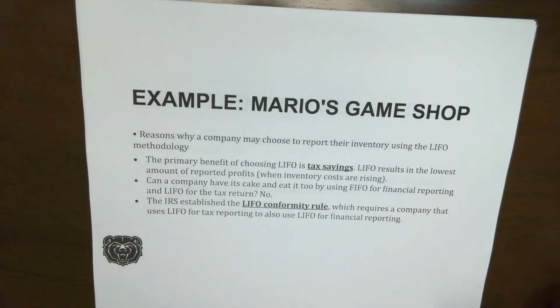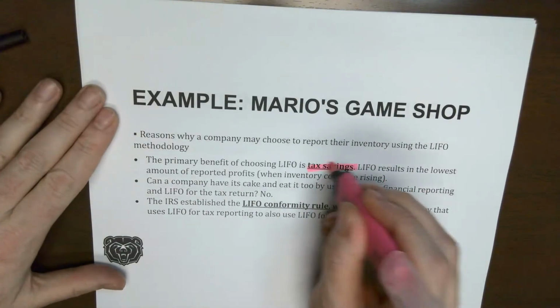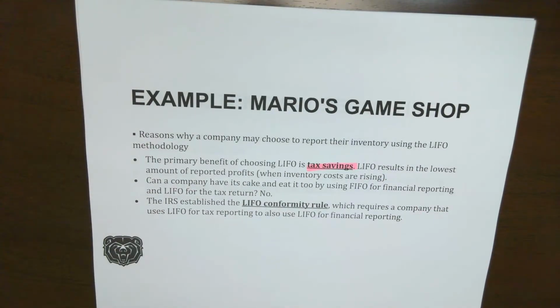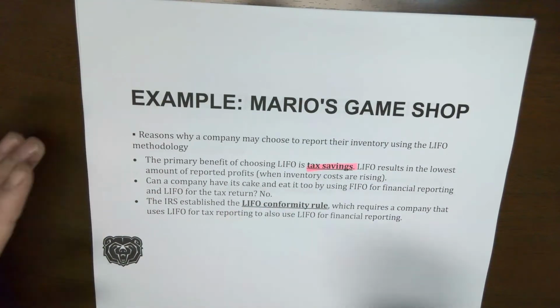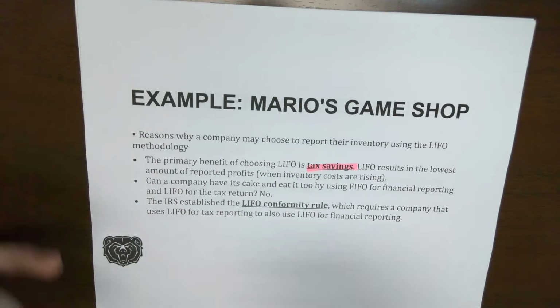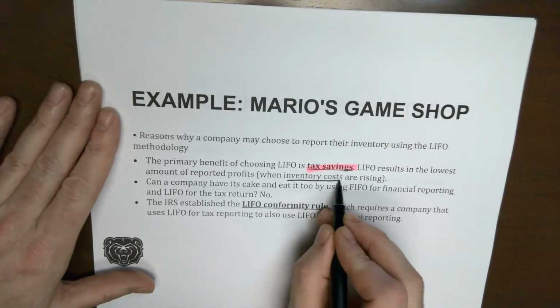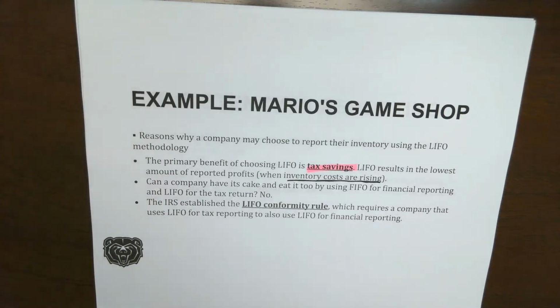So why would a company choose LIFO? Well, tax savings. That's what we've talked about. The primary benefit for LIFO, and the reason most companies choose to do it when they do report this way, is that it results in the lowest amount of reported gross profit, which in turn reports a lower net income, right? You just have to be careful because this is when costs are rising. What happens if costs fall?